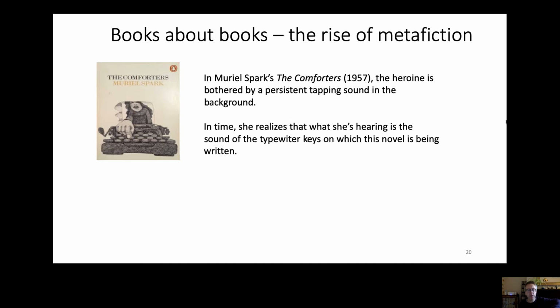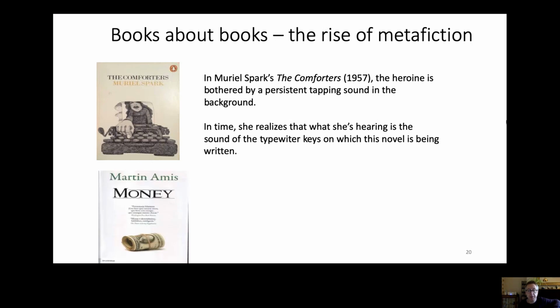So Caroline Rose is a character in a novel who realises that she is a character in a novel. So The Comforters is a novel about life and human relationships, but also it's a novel about novels. It's fiction about fiction. It's one of the earliest examples known to me of postmodernist metafiction.